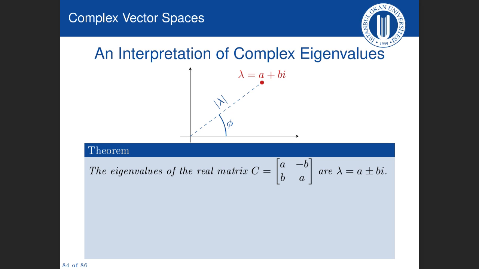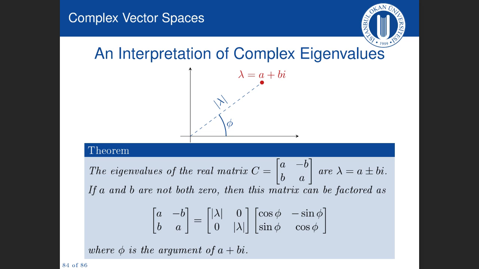This theorem says that the eigenvalues of the real matrix A, minus b, b, a are a plus or minus bi. And if these are both not 0, we can factor this matrix like this.